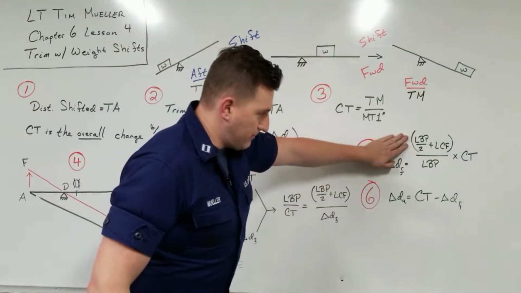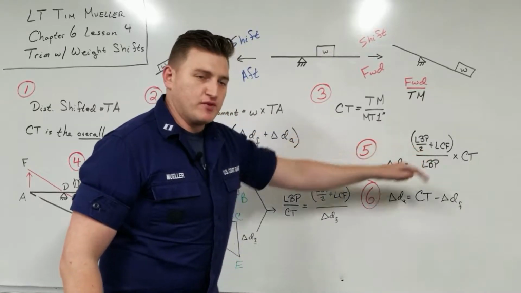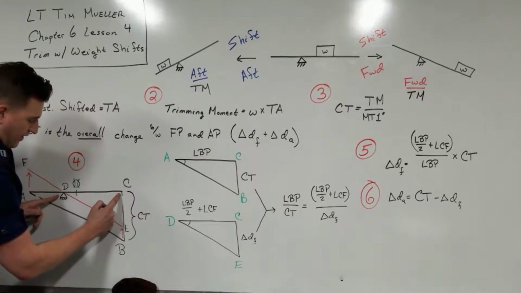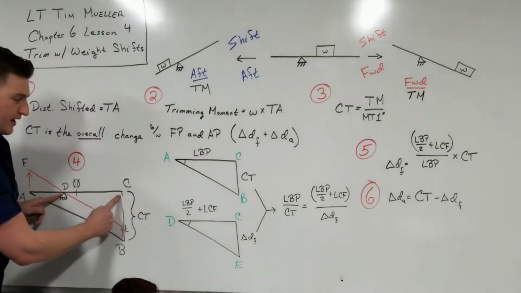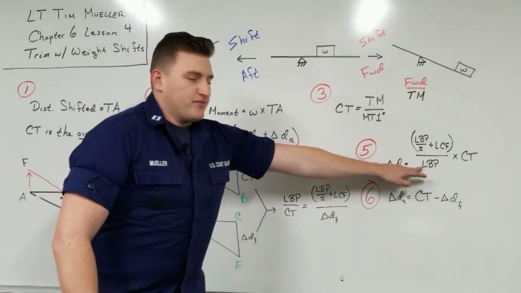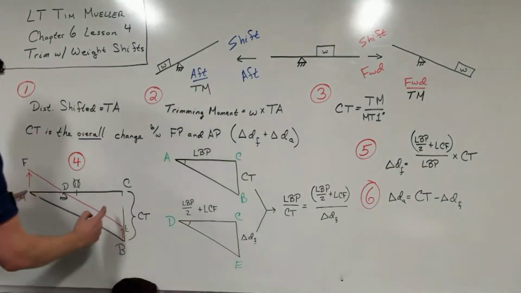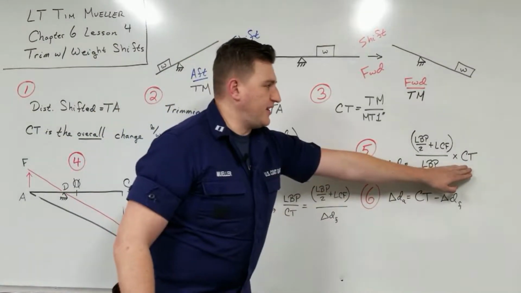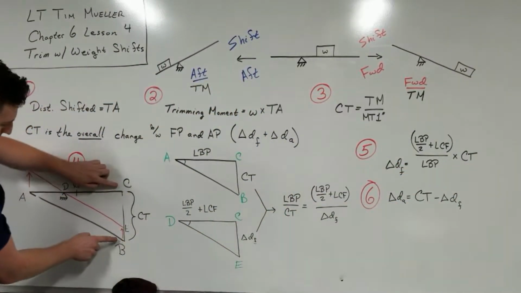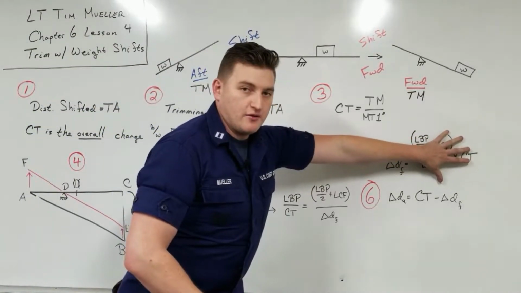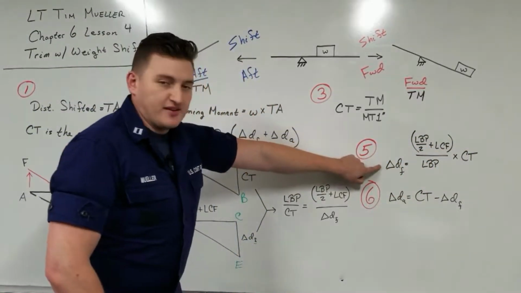It equals LBP divided by 2 plus LCF, which is the distance from the LCF all the way to the forward perpendicular, divided by the LBP, this entire length, times CT, which is this right here. All these things we know. So now we can calculate delta D forward.